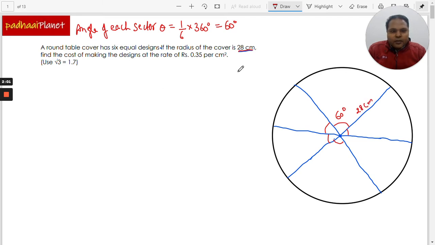Right now, what we need to find out is the cost of the 6 designs, and that means we need to first get the area of one design. Now let us see which design they are talking about. So they are talking about this area.